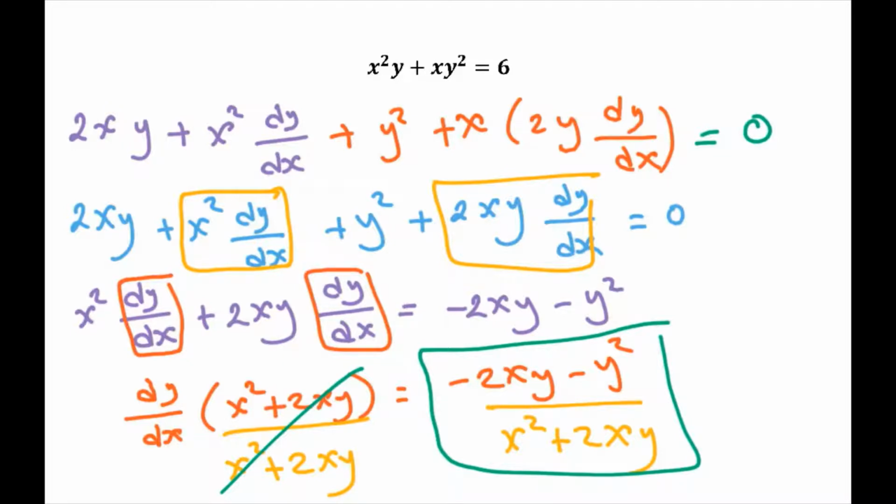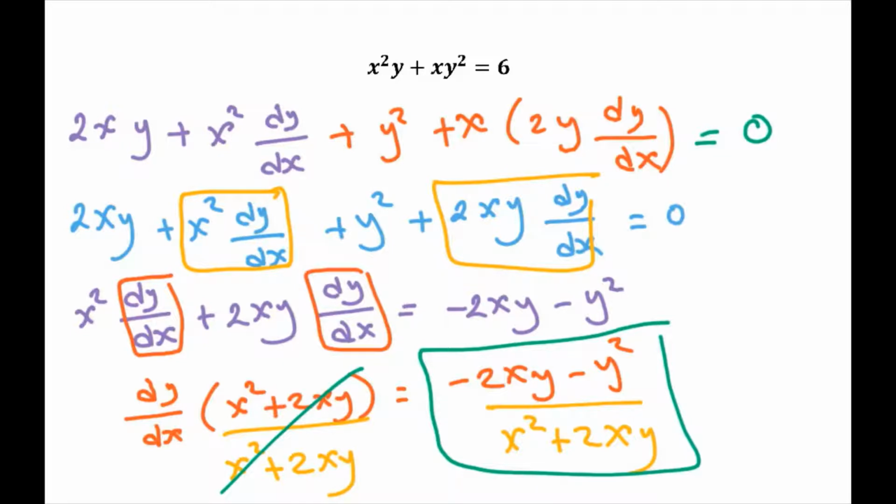And one more thing, when you have, for example, this, some people treat y as a constant. So what do they do? They just say, oh, the derivative is 2xy. No, that's wrong. So be careful, y is not constant. That's a variable that you need to differentiate with respect to x.